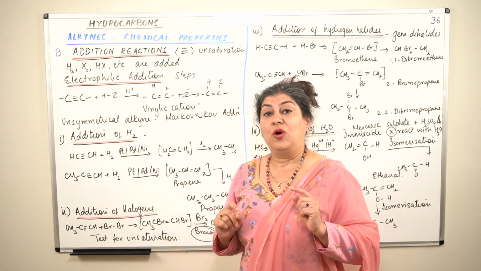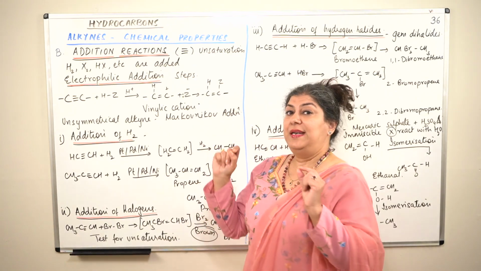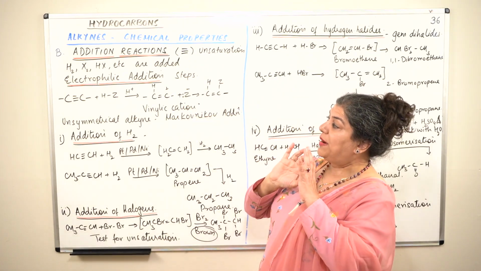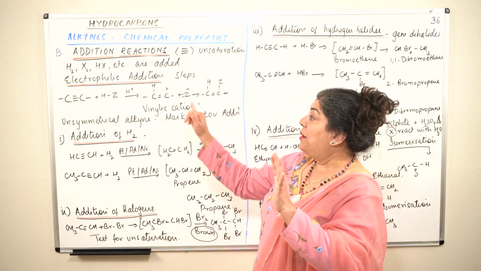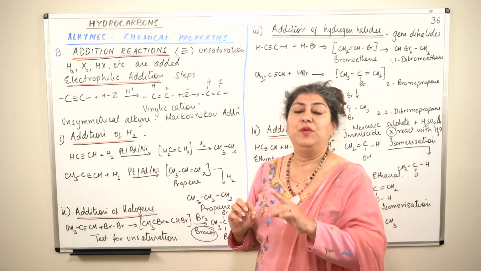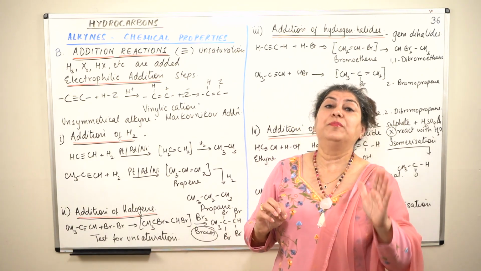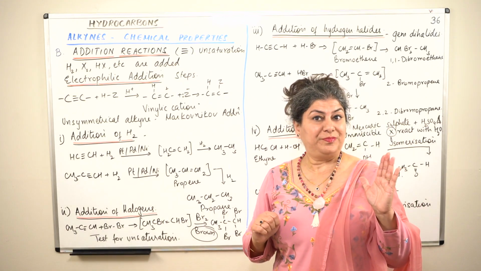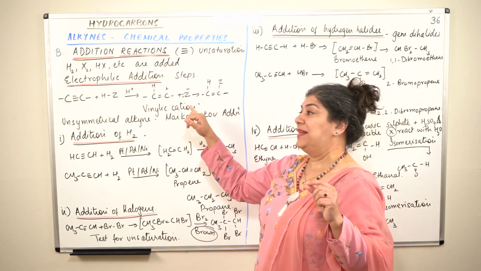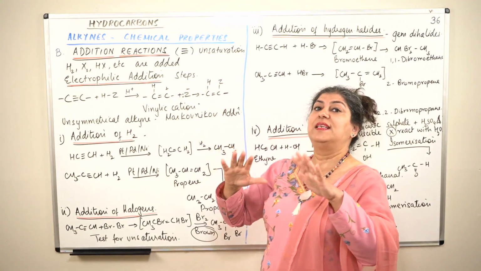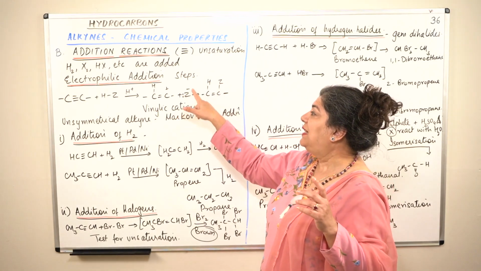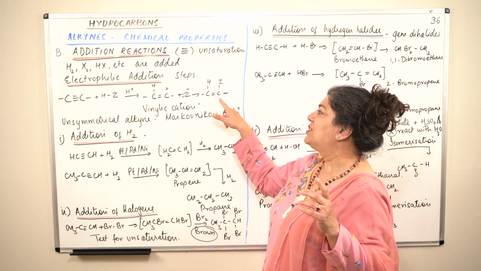According to Markovnikov, the positive part of the addendum adds first, but the negative part of the addendum always adds to that carbon which already has lesser number of hydrogens, right? So the second addition that will take place, when the negative part adds in the second step to turn it into a saturated hydrocarbon, both the negative parts will come and add to this carbon.